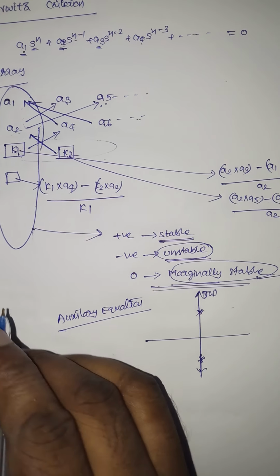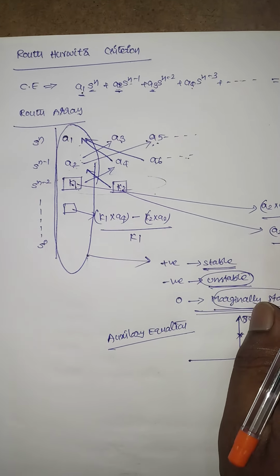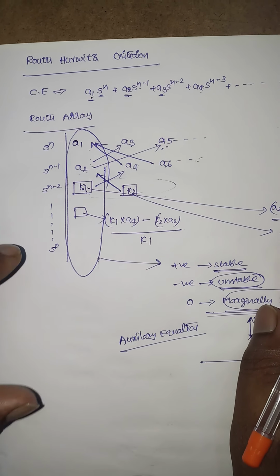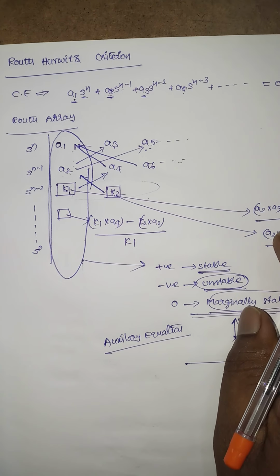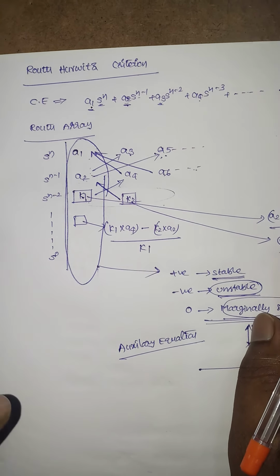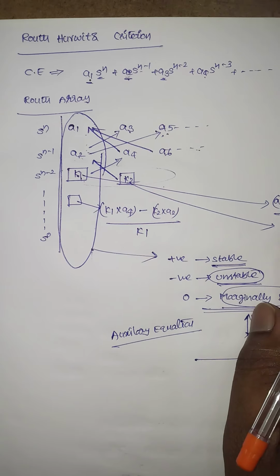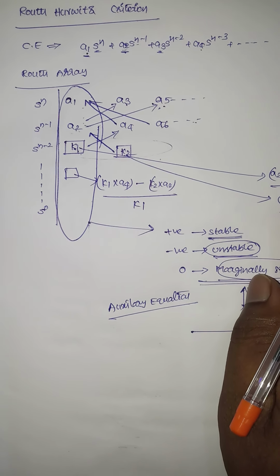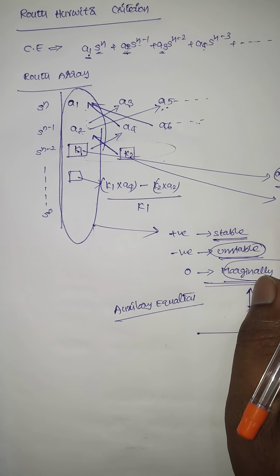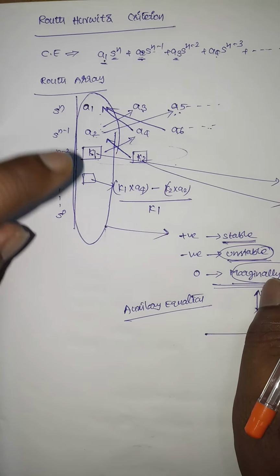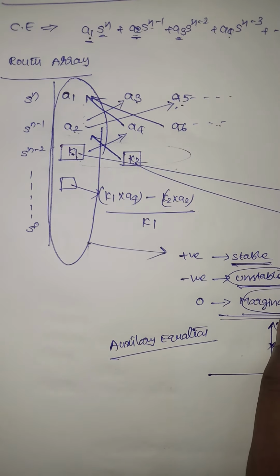So finally, what I want to say here is that in this Routh-Hurwitz criterion, using the Routh array we can find out the stability of a system. If all the elements in the first column of the Routh array are positive, then all the poles are located in the left half of the S-plane, and thereby the system is stable. If any one element in the first column is negative, then the system is unstable.